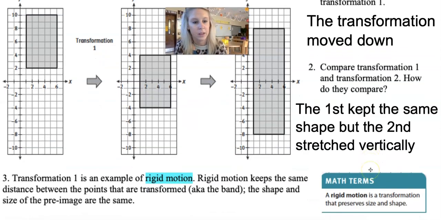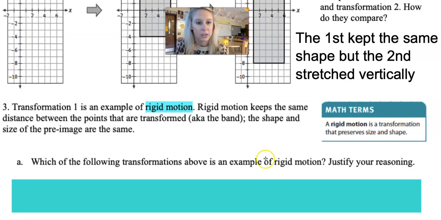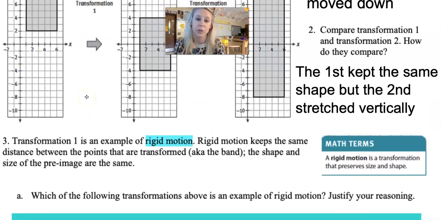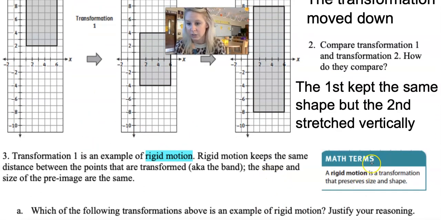All right, moving on. So transformation 1 is an example of rigid motion. So let's read this math term over here. Rigid motion is a transformation that preserves, which means keeps. It's going to keep the same size and the same shape. So rigid motion is very much like it's rigid. You can't fold it. You can't smush it or anything.